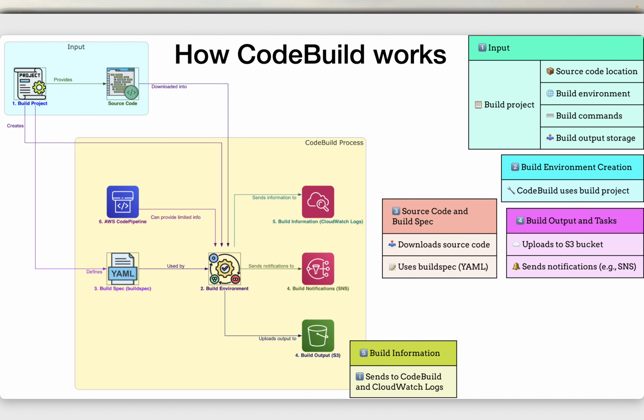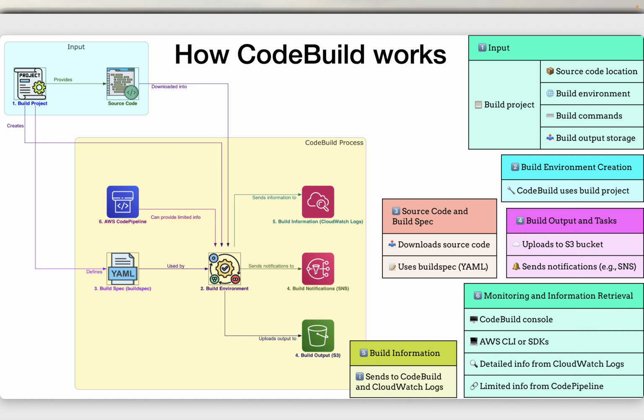While the build is running, the build environment sends information to CodeBuild and Amazon CloudWatch logs, so you can track or monitor the logs. And while the build is running, you can use the AWS CodeBuild console, CLI or SDKs to get summarized build information from CodeBuild and detailed build information from Amazon CloudWatch logs.